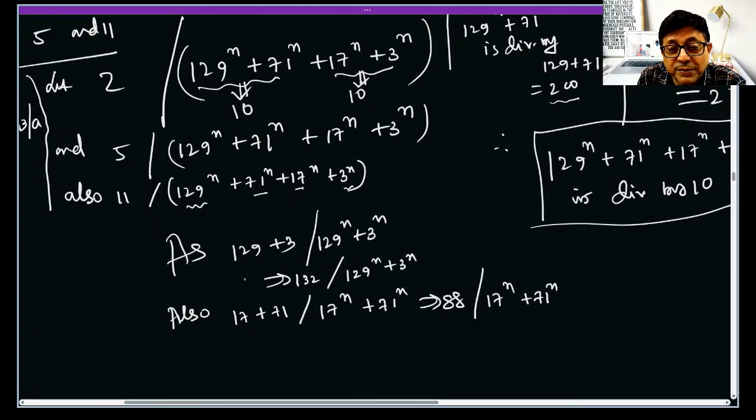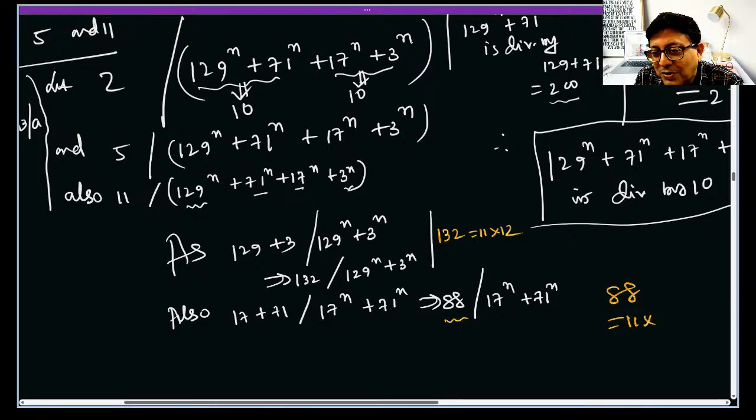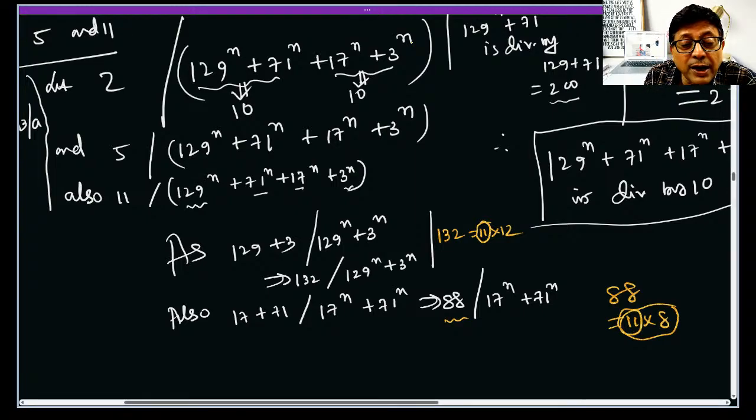Now what do you observe? What is 132? 132 is 11 into 12. What is 88? This is also 11 into 8. So which factor is common? 11.